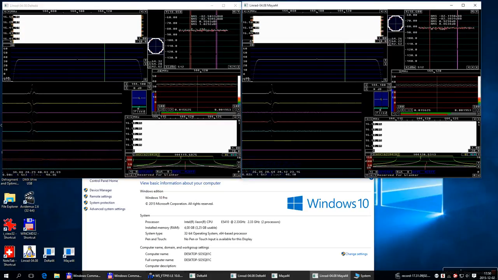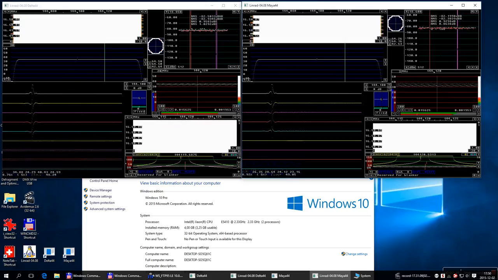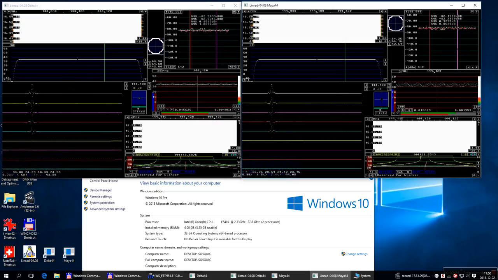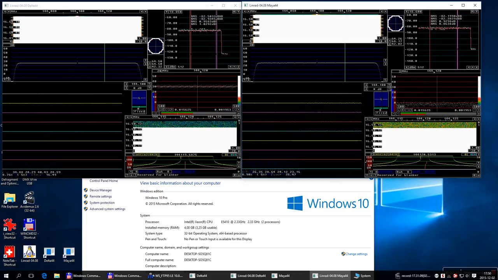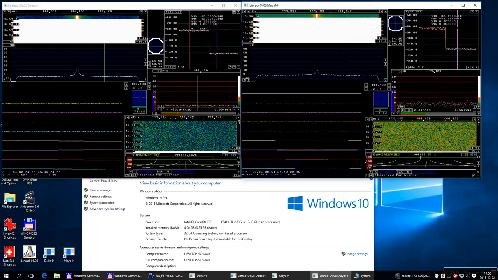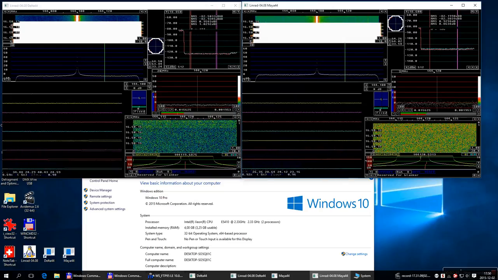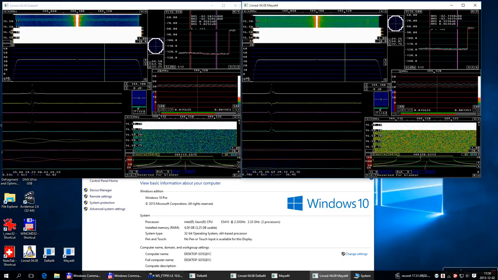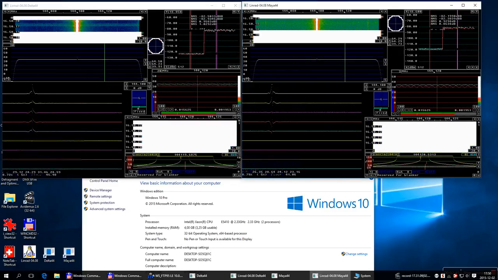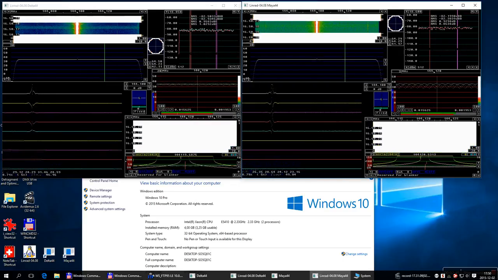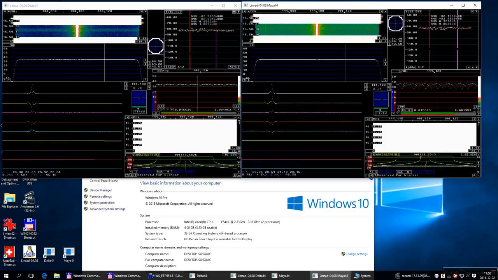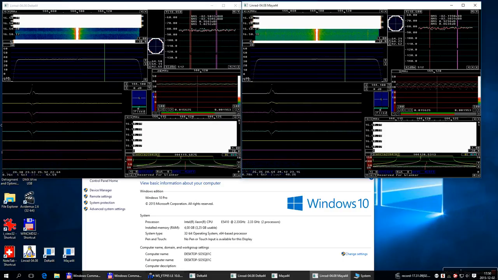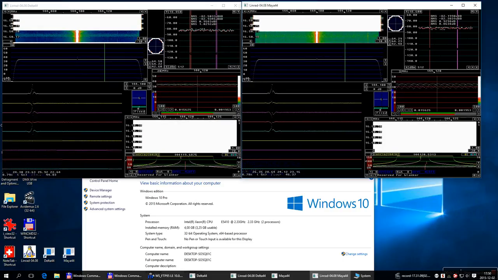And where did we have the noise floor? It's minus 120. So it is something like 45 decibels of interference. That's a lot.